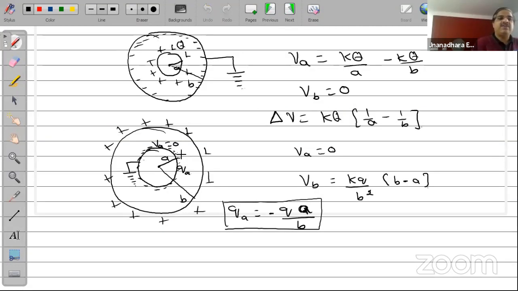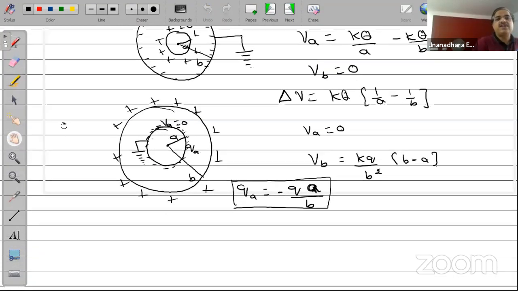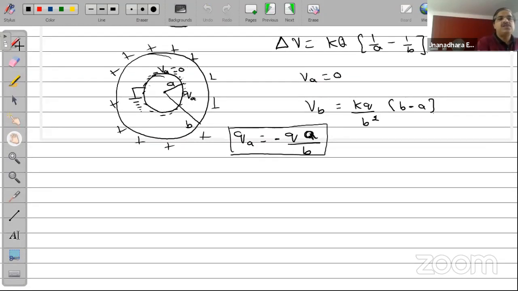Okay, I'm not really deriving the expression, but if you insist, I can always show you why it is so. See, before connecting to the ground, there was no charge on A. So the charge came only because of grounding. Let us say charge is QA here. I must have KQA by A plus KQ by B, the charge that is given on this QB, should be equal to 0 because it's connected to ground.